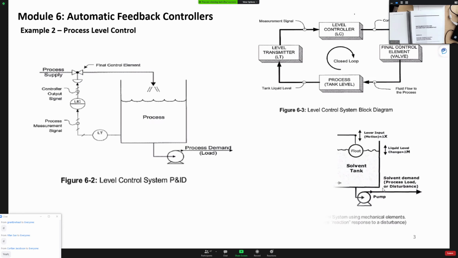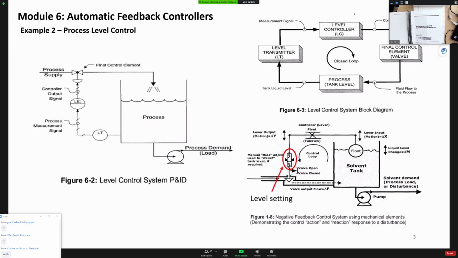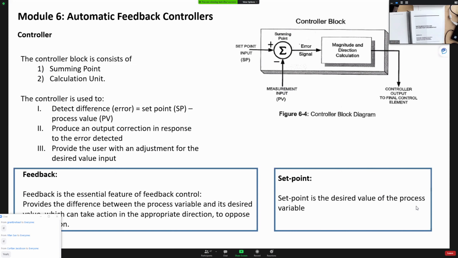But there are different ways we can control this. This is a very simple one, and we're not talking about this one. We're going to talk about automatic control. There are a few ideas here for the controller. One is the summer point, which is a comparator.